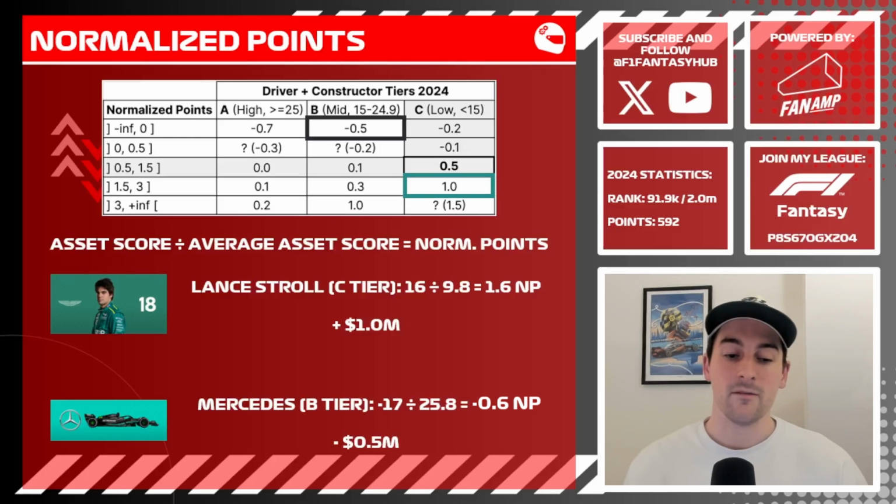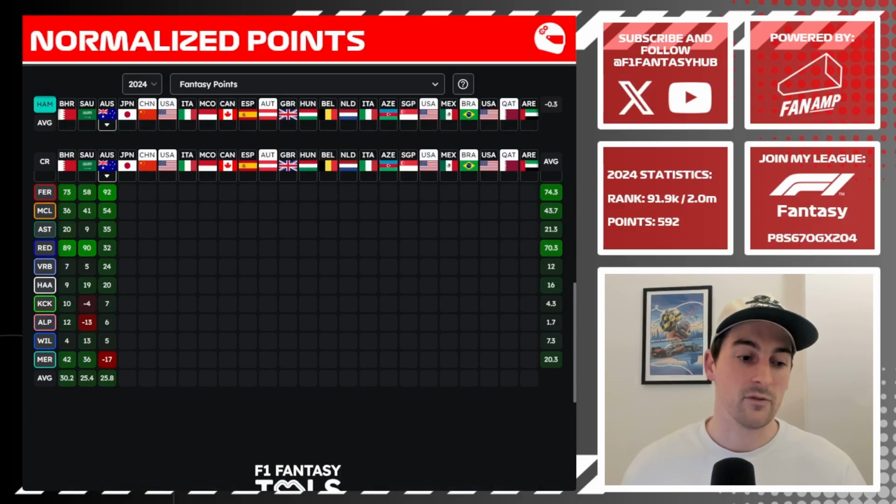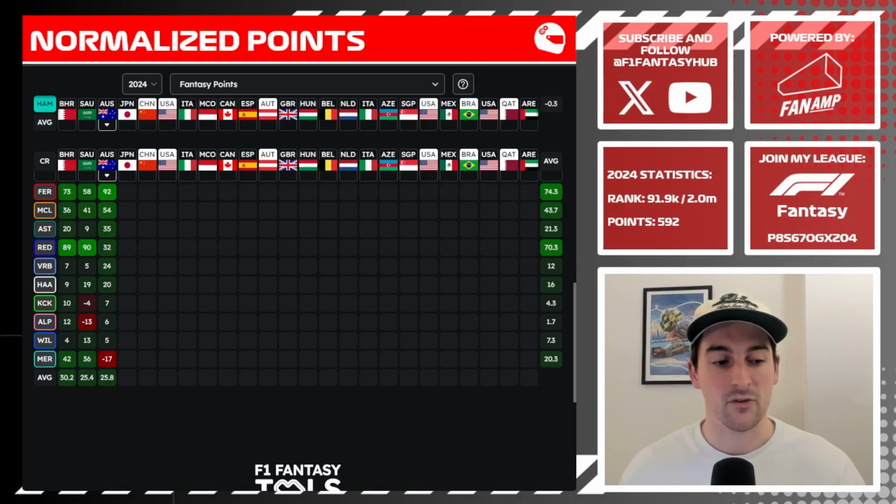On the contrary, Mercedes, not such a great weekend for them. Double DNF for Lewis Hamilton and George Russell. Again, we'll do the same math. Minus 17 for Mercedes. So if we bring them up on the F1 Fantasy Tools website, they had a minus 17 in Australia for an average asset score of 25.8.